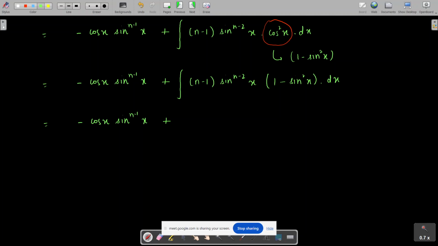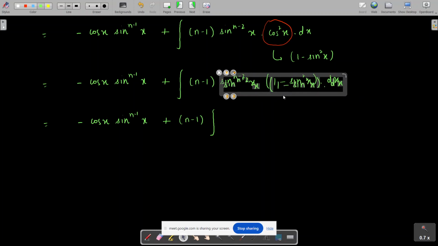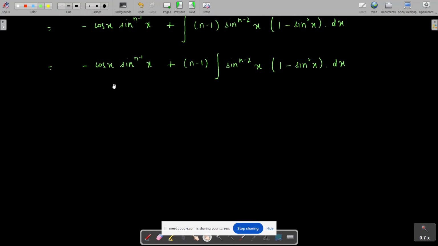So I'm writing this as n minus 1, bringing it outside, and inside we are left with this. Okay, and now we will distribute. Now I'm going to distribute this inside.